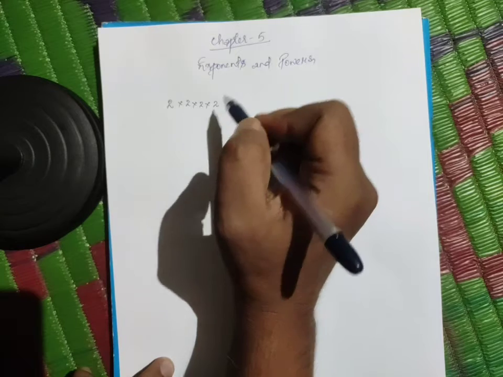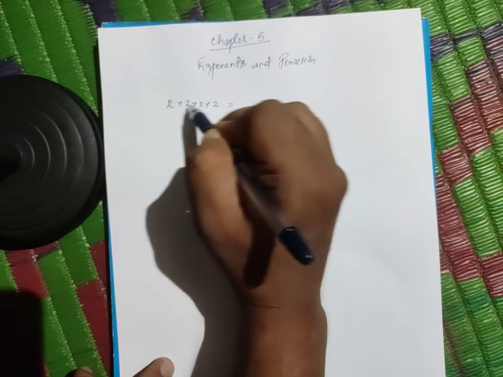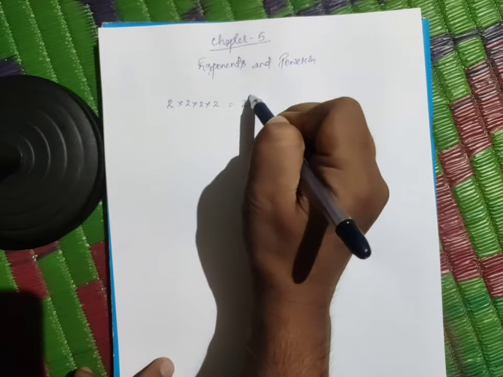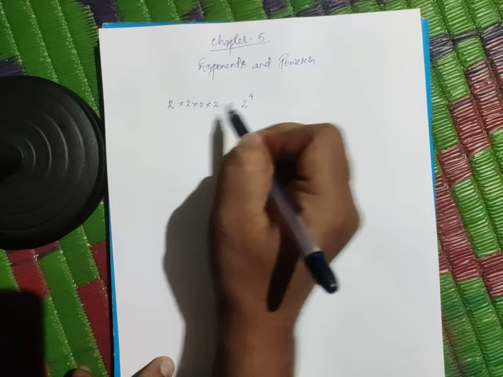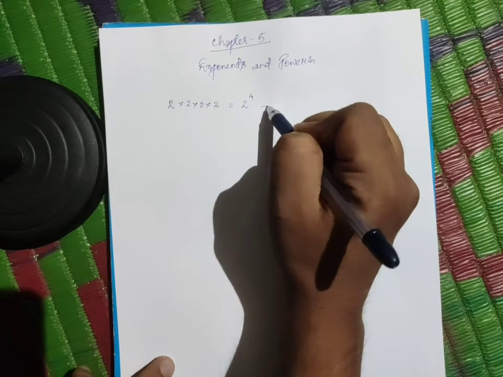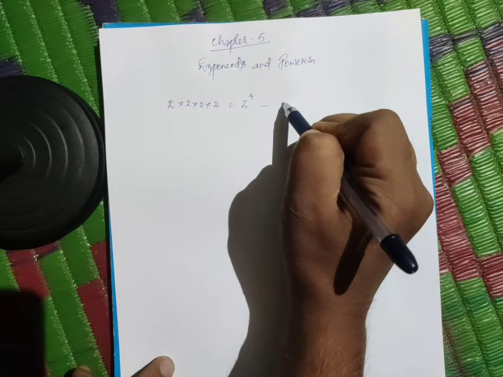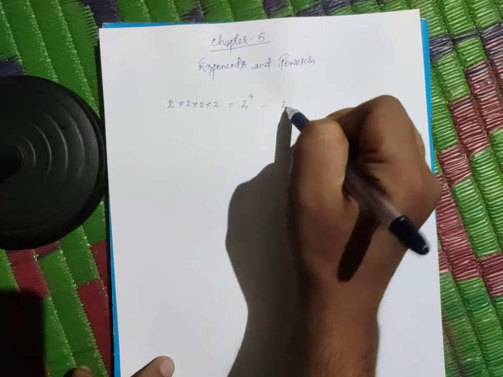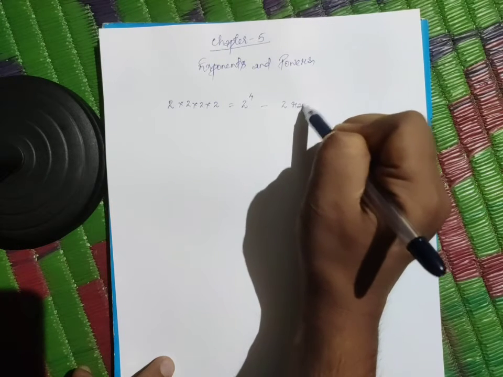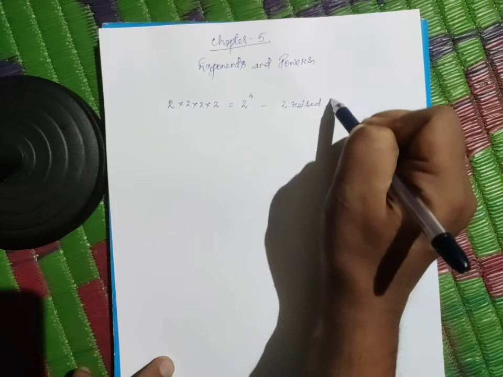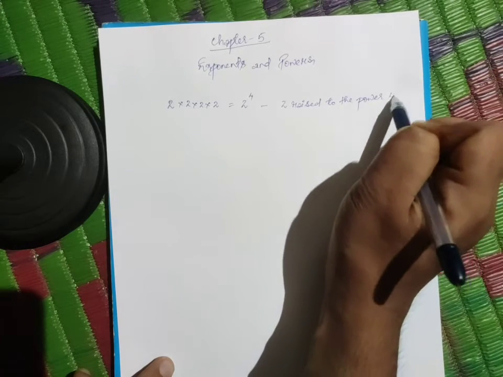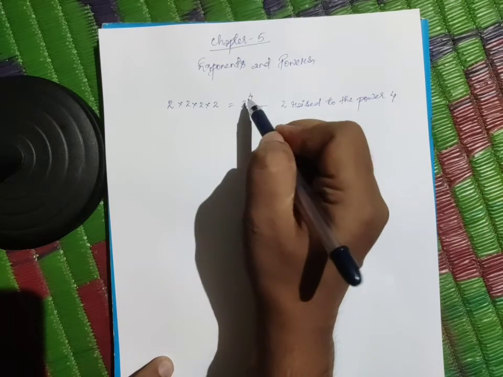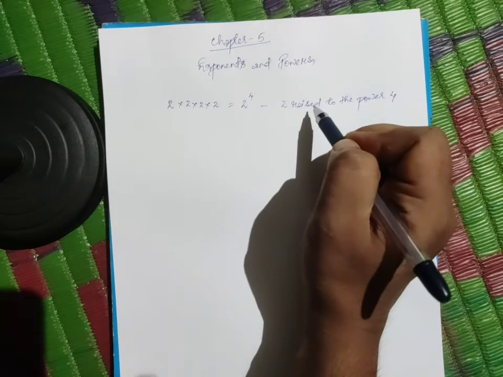So in exponential form we write this as 2 to the power 4 because here it is repeating 4 times, and then you can read it like this, 2 to the power 4 or 2 raised to the power 4.